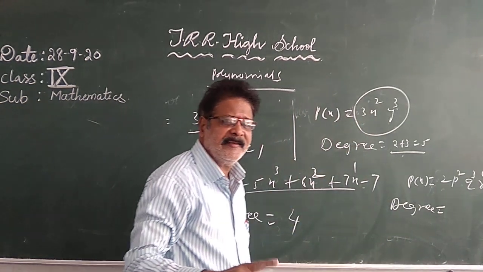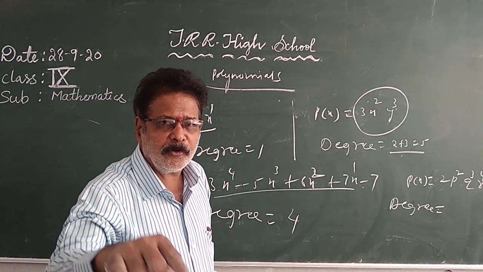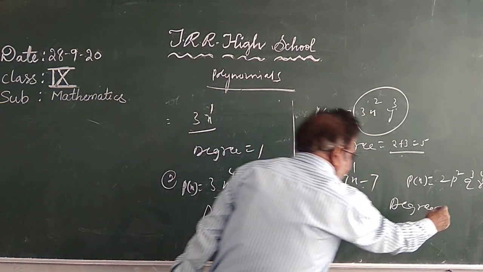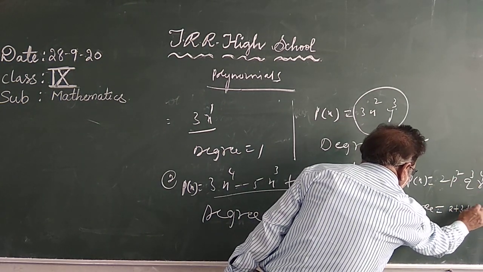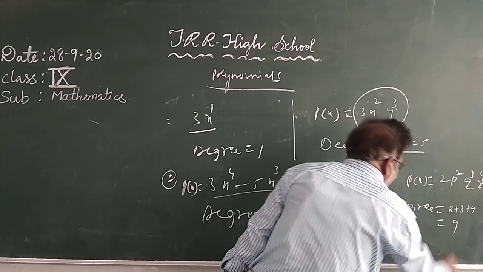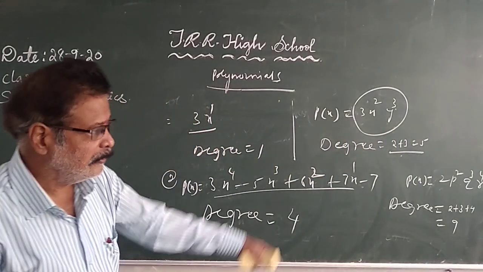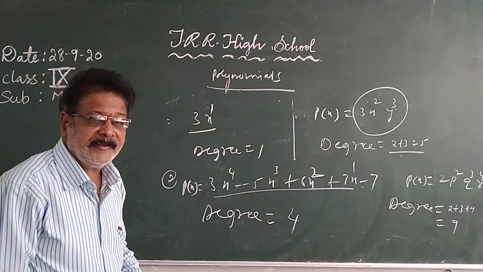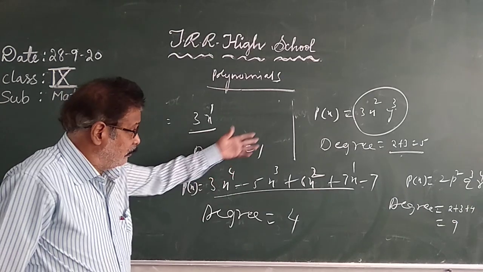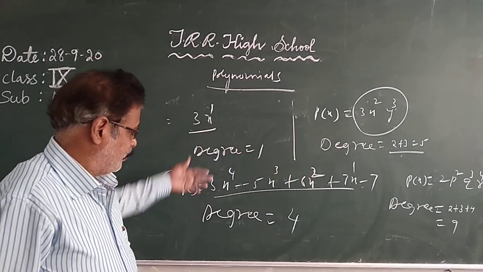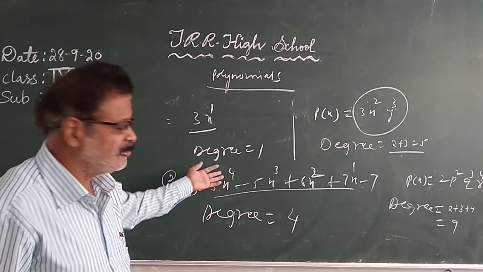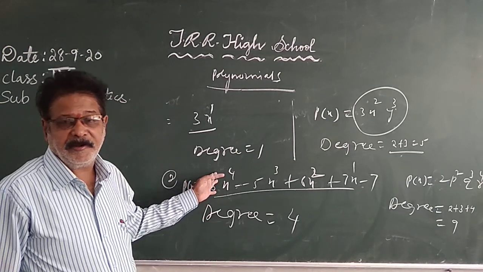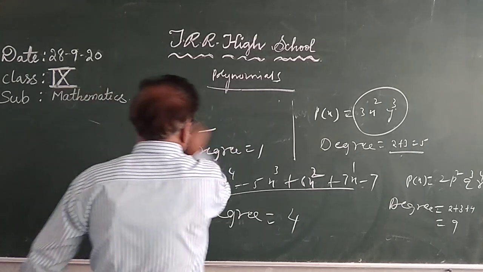Only one sign is there. That is why it is a monomial. In the case of a monomial, take the sum of the powers: p power is 2, q power is 3, r power is 4. 2 plus 3 plus 4 is 9. Its degree is 9. Like this, you can decide the degree of a monomial. In the case of a binomial or multinomial, the highest exponent is the degree of the polynomial.